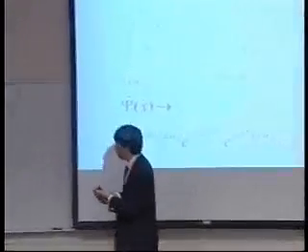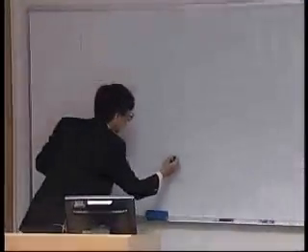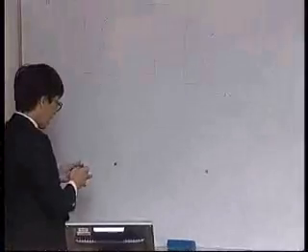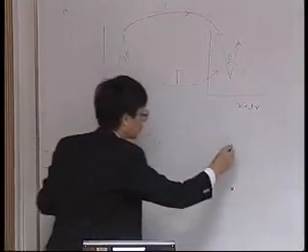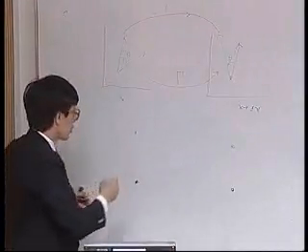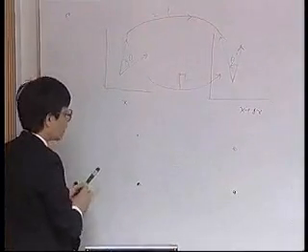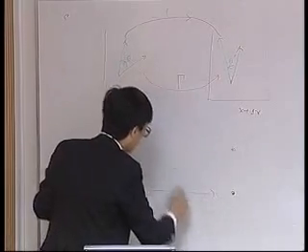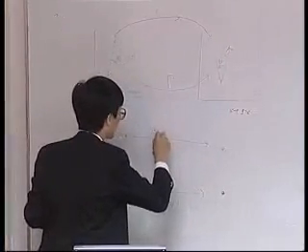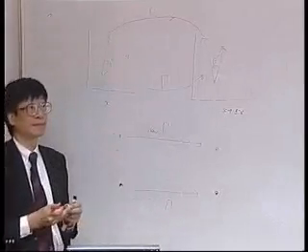So perhaps I draw it another way. So you have the black guy here, the black guy here, and the green guy here, and the green guy here. So the original gamma is this one. The new gamma is this one. Okay?